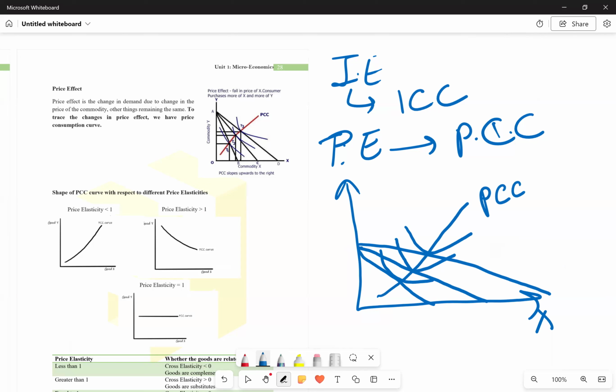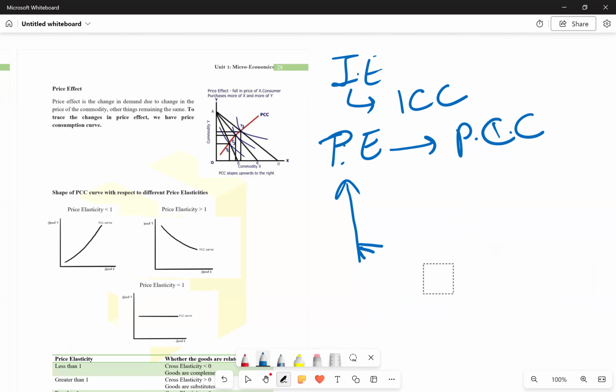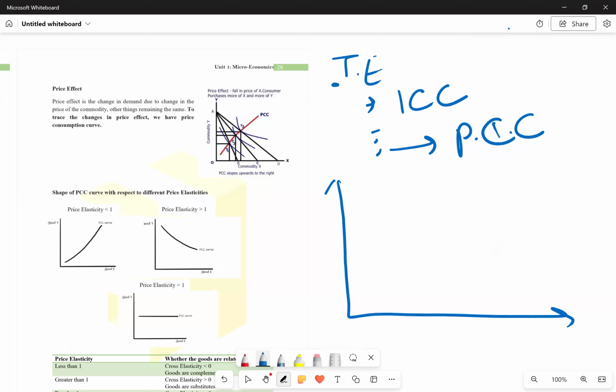Similarly, there is a downward sloping PCC as well, which shows that price elasticity is greater than 1 in this case, right? How? This is your original IC equilibrium point.